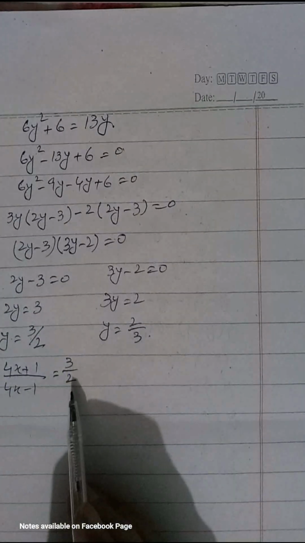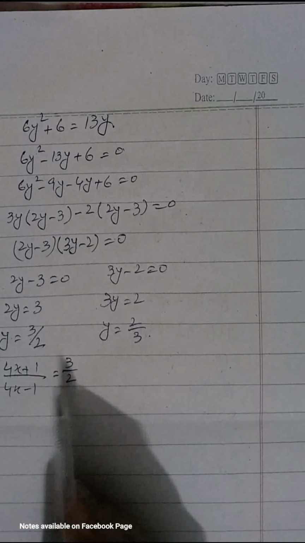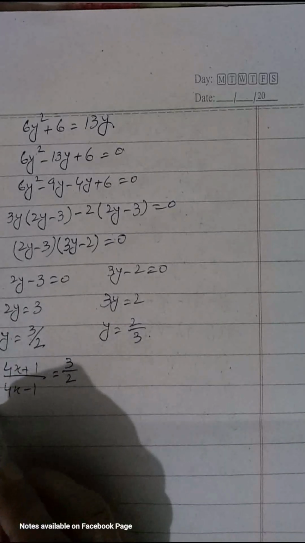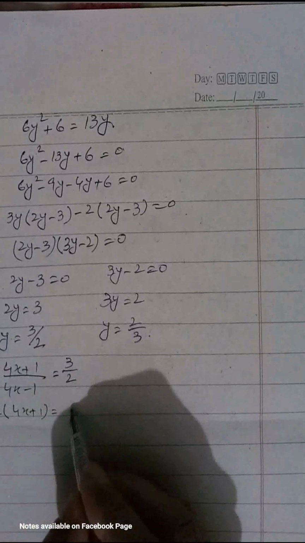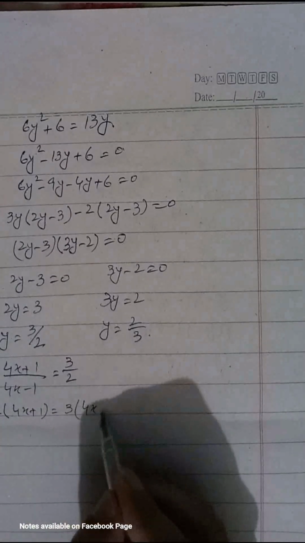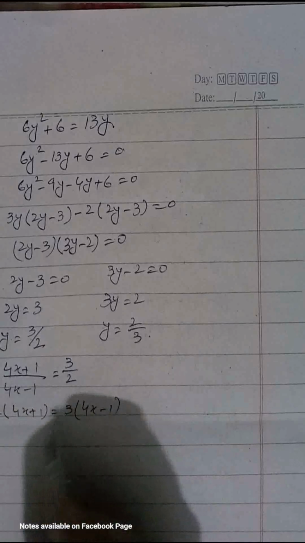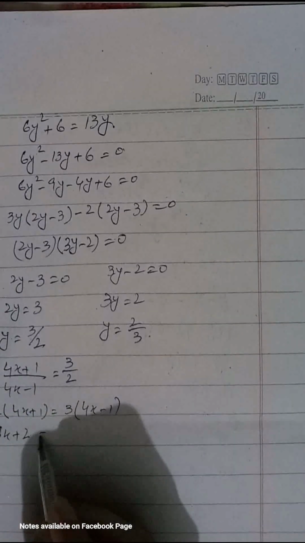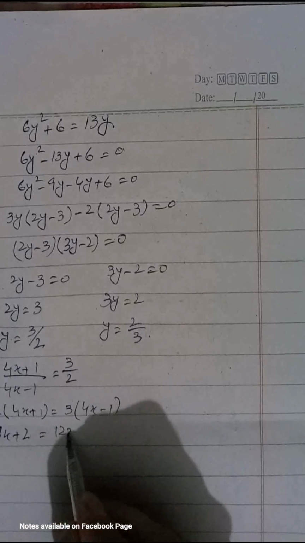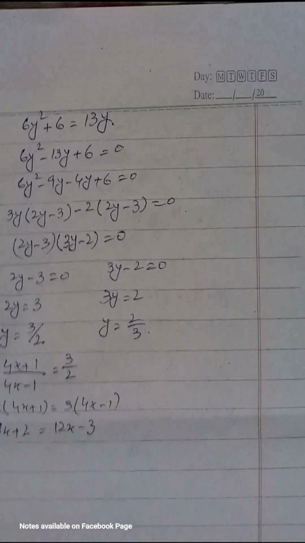Now we cross multiply the values. 2 multiplied by 4x plus 1, we get 2 (4x plus 1) is equal to 3 (4x minus 1). Simplified, 4 2s are 8x plus 2 is equal to 12x minus 3.